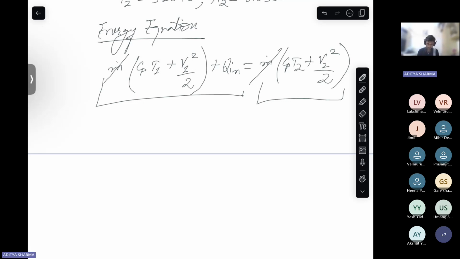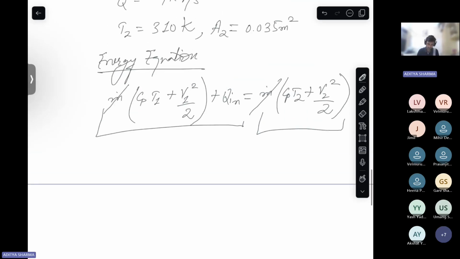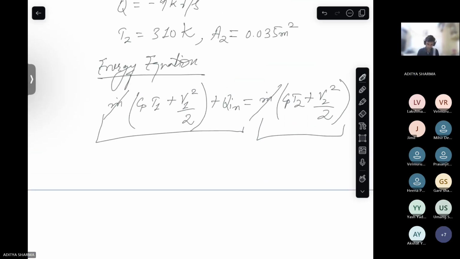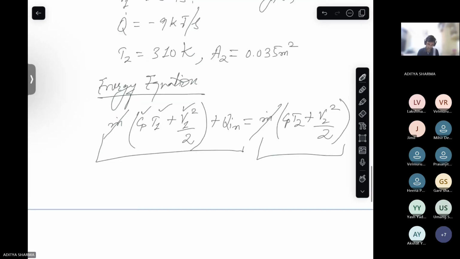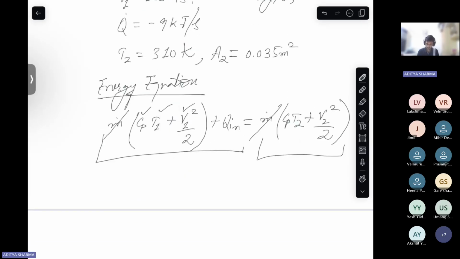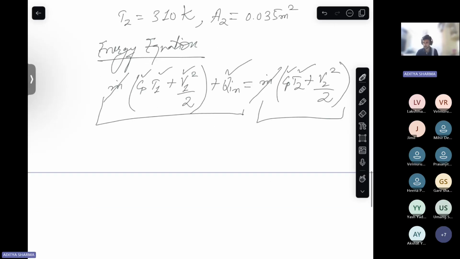So this can be cancelled from this. Okay. P1 we have, V1 we have. Do we have V2? We don't have V2. P2 we have. Cp we have. This Q in, this is basically loss.